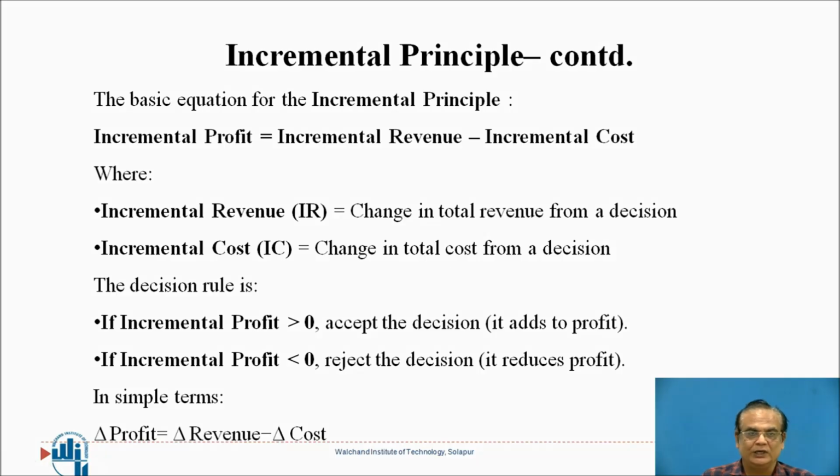The decision rule is: if incremental profit is greater than 0, accept the decision because it adds to the profit. But if incremental profit is less than 0, reject the decision because it reduces the profit. In simple terms, it can be written as: delta profit is equal to delta revenue minus delta cost.